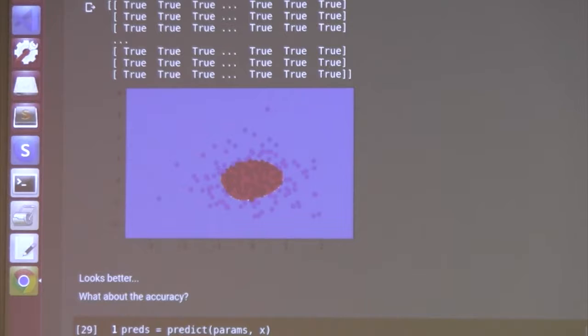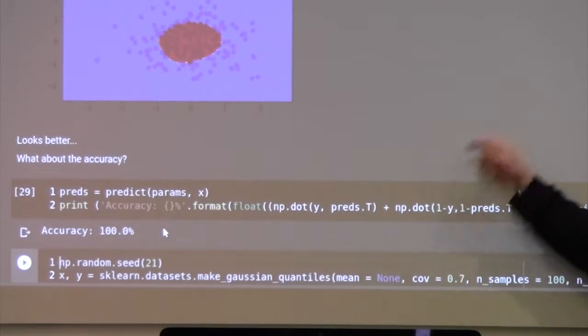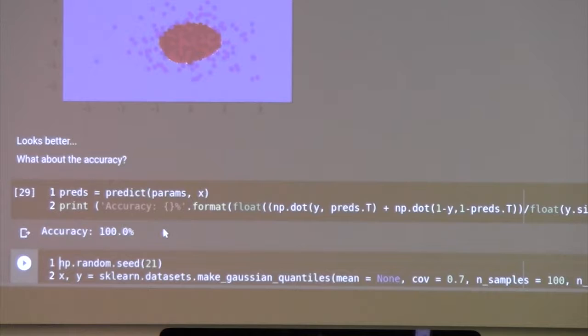So something that's very, very interesting about this case is that if you have 100% accuracy, you have a bad model, because that means your model is most likely overfitting. So what we want to do is we want to generalize our model as best as possible. We don't want to make the perfect model every time, because it means we're overfitting to our training data.